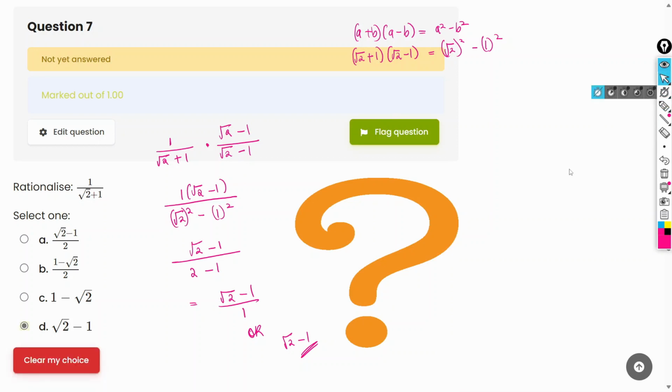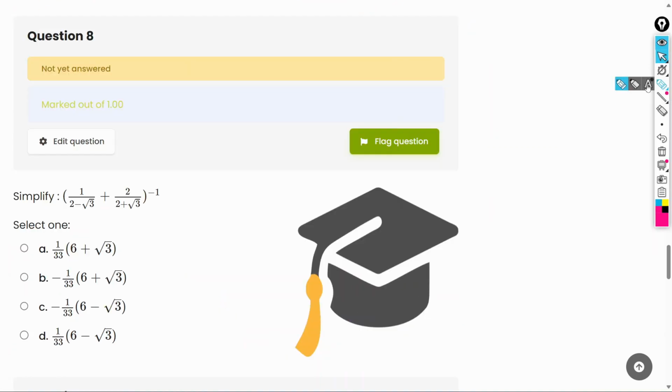Alright, let's go to question 8. Simplify all of that: 1 over 2 minus square root of 3 plus 2 over 2 plus square root of 3, with power of negative 1. I'm going to do everything within the bracket first, so I'll add the fractions.